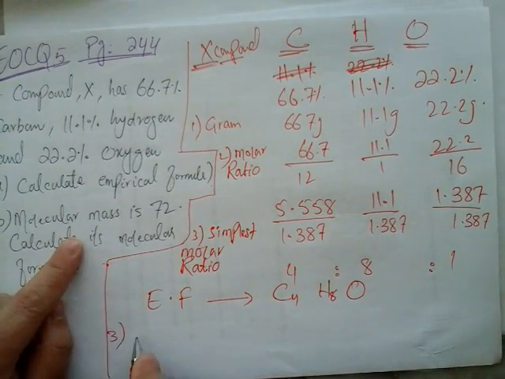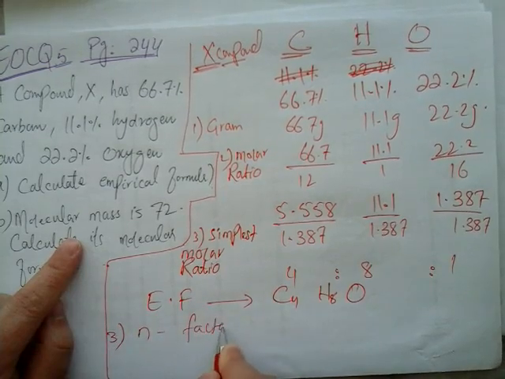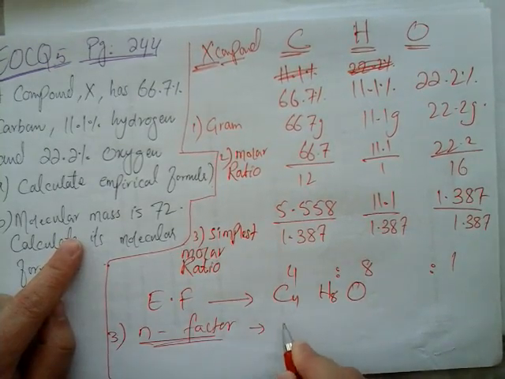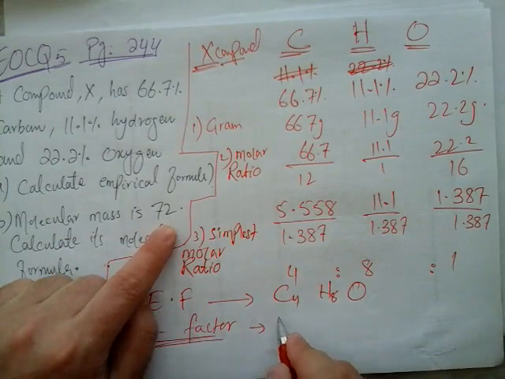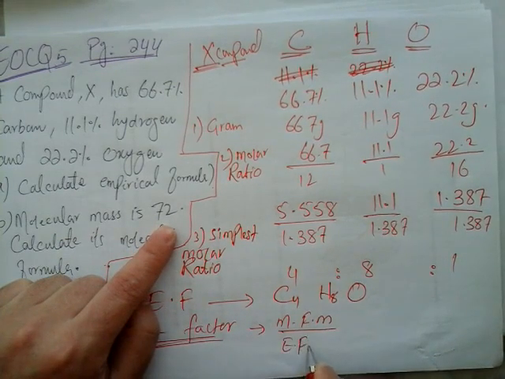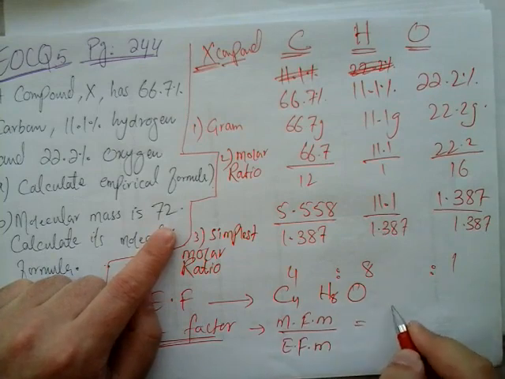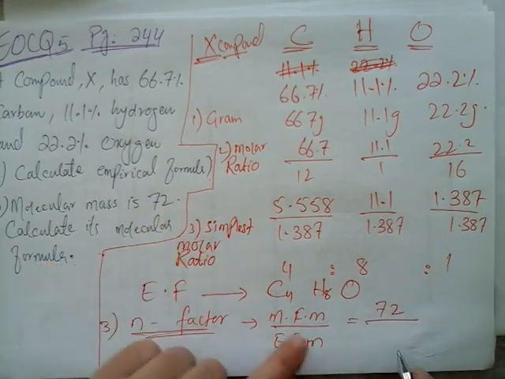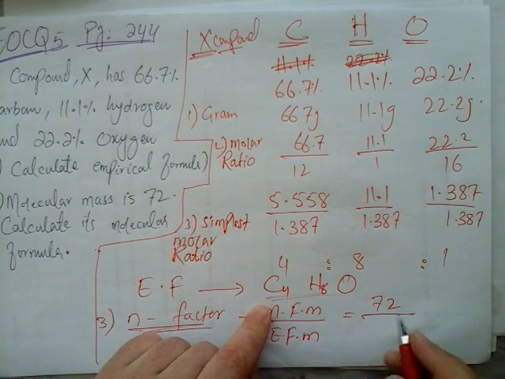You have to find the next step, the N factor. N factor is equal to molecular formula mass divided by empirical formula mass. Molecular formula mass is given, that is 72, divided by empirical formula mass. We have to find it now.